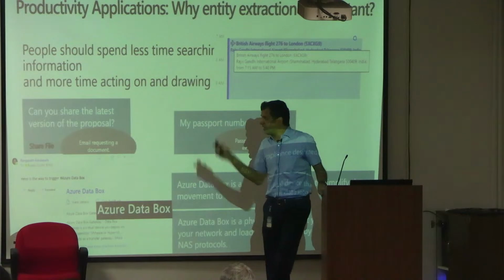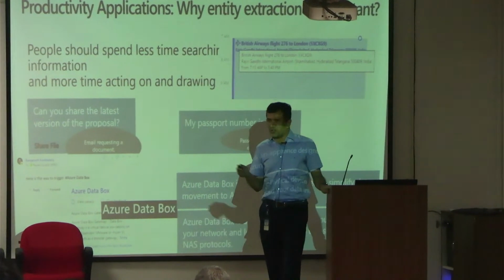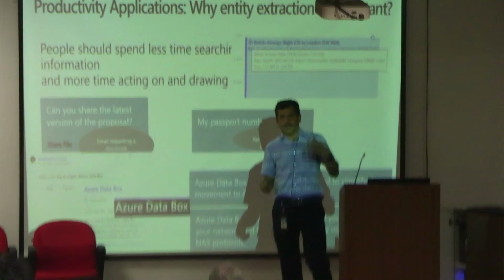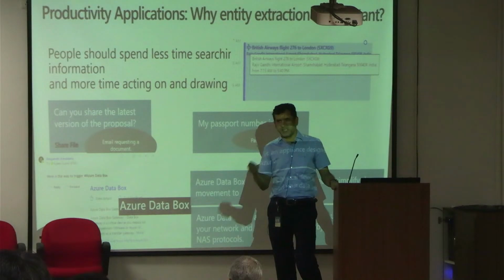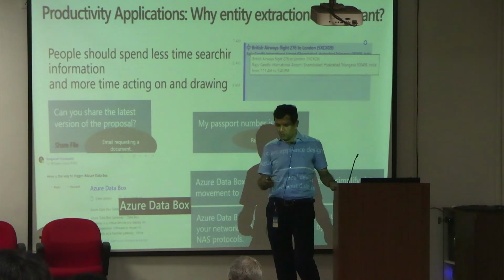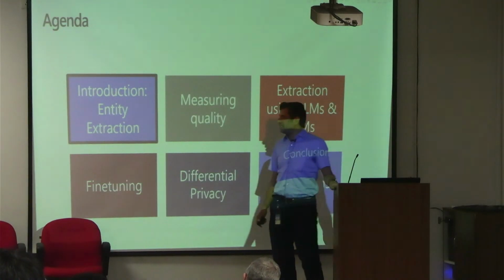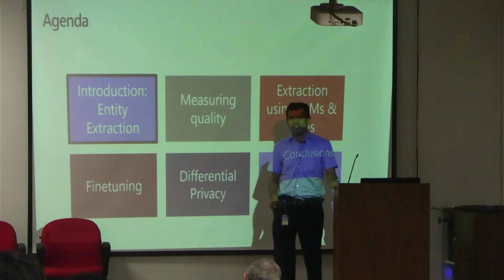So all these are productivity applications, and for all of them we need to do information extraction from the customer's data, the email, chats, and documents as I mentioned, and that's the core theme of this talk. So let's see the detail of the core theme, which is entity extraction.